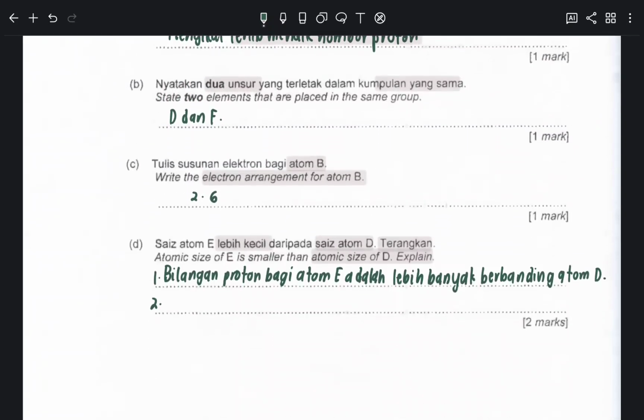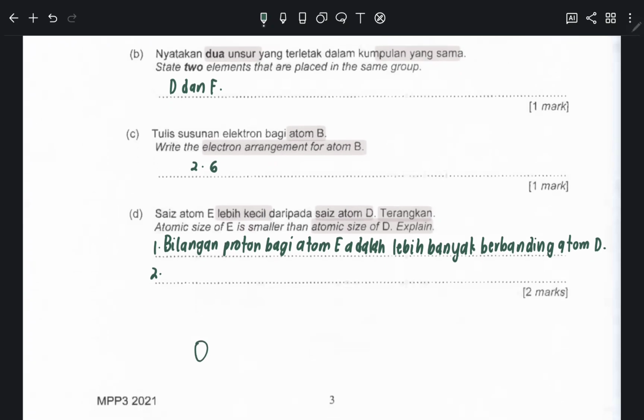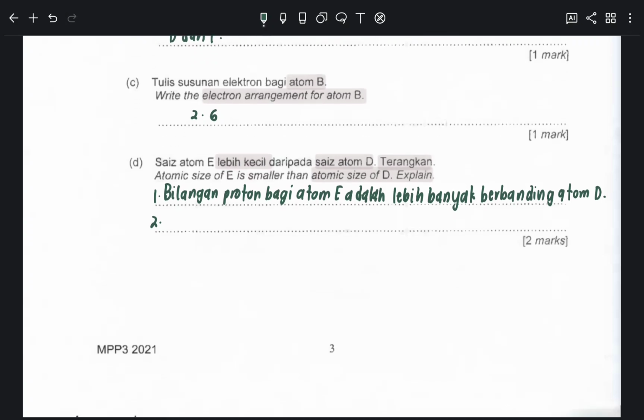So which one has more electrons? Of course, E has more electrons, right? So the attraction force is from the proton. Remember, the attraction force is the relationship between protons and electrons. The more protons you have, the stronger your attraction force is. The more protons you have, the more strong your attraction force is.